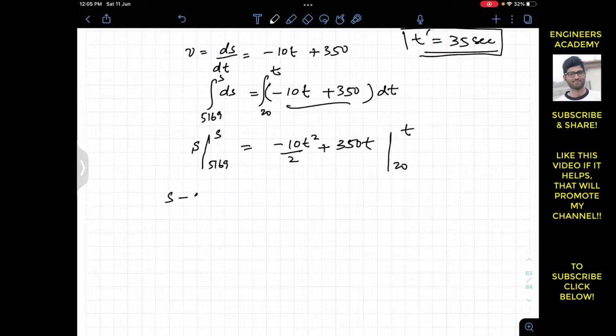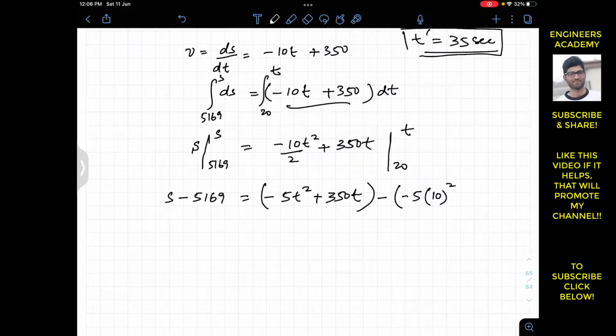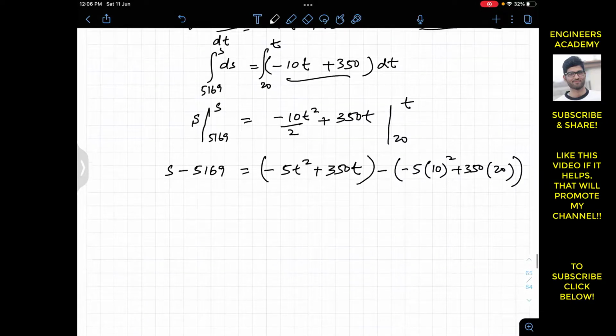So this will be s minus 5169 equals minus 10 divided by 2, which is minus 5t square, plus 350t, and if we put the lower limits, that is minus 5 into 20 square plus 350 into 20, and if I bring this to the other side of the equation, this constant will add to this constant.